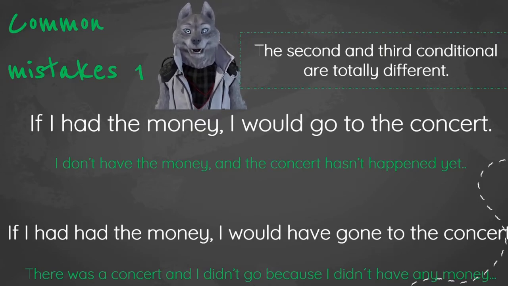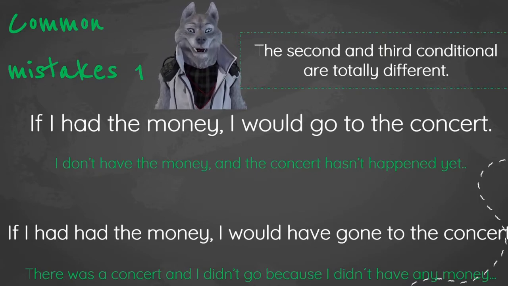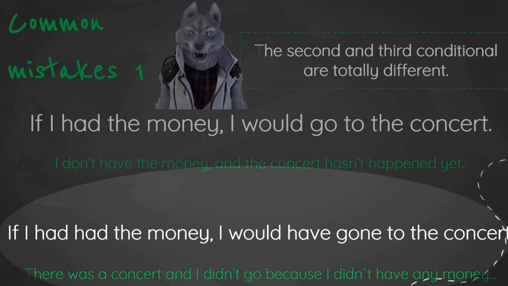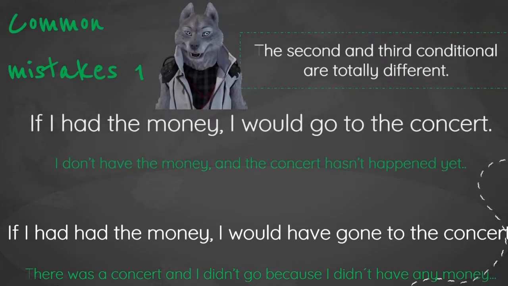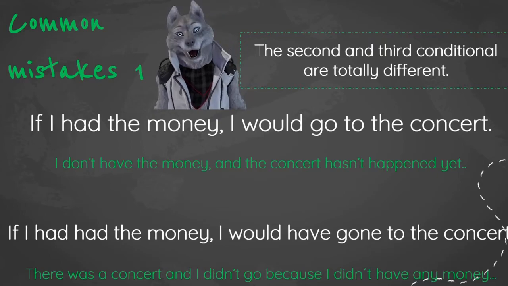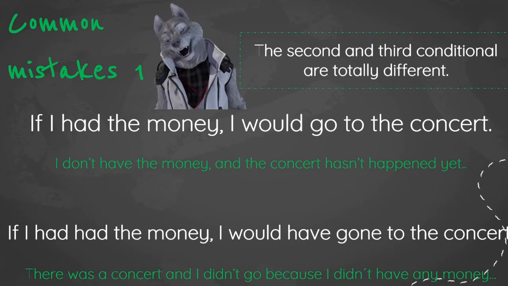That's why we use the second conditional. In the second example, I would have gone to a concert. That means that the concert already happened, and I didn't have the money. So that's why I say if I had had the money. Yeah, I know, sad story. So the first one, second conditional, total imaginary situations, and the third conditional changes your past.